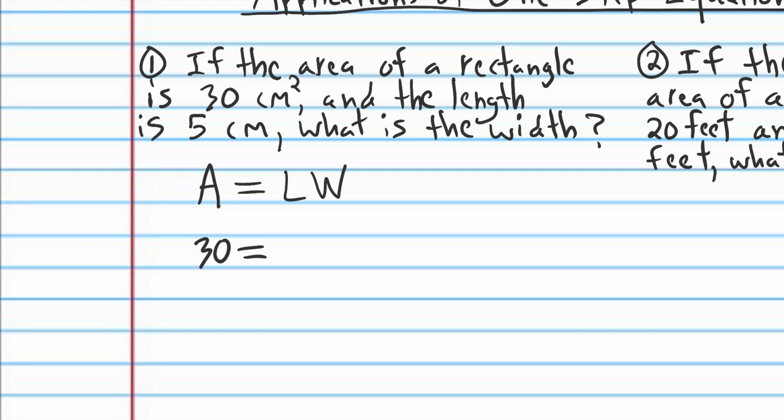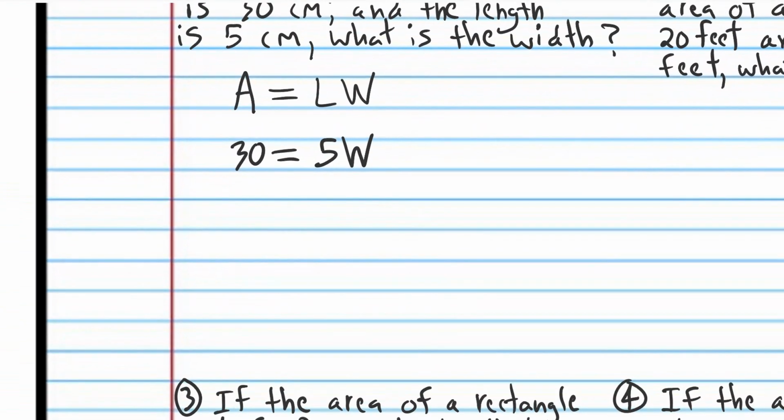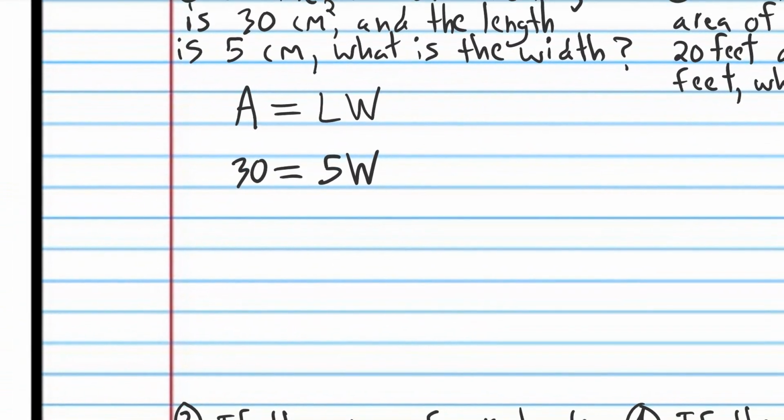And we know that L is 5. They tell us the length is 5. So instead of L, we're going to plug in 5. But we don't know what W is, so we're just going to keep that W. And now you can see this is a one-step algebraic equation. So we have to perform one operation on both sides of the equation.